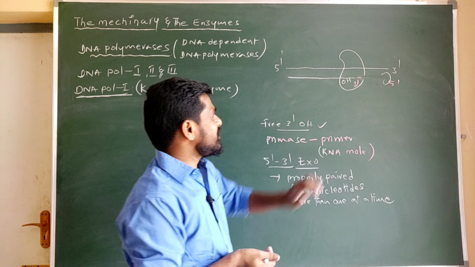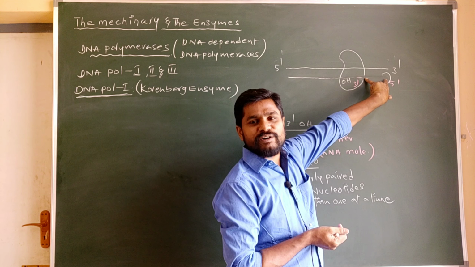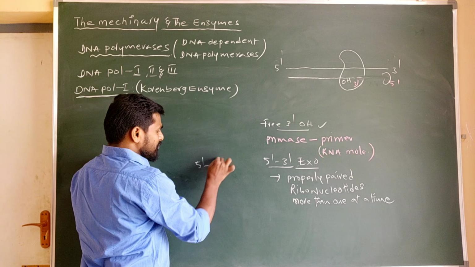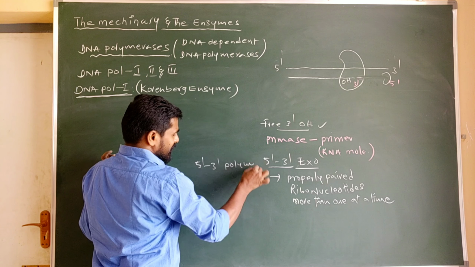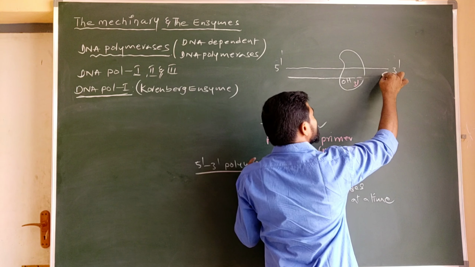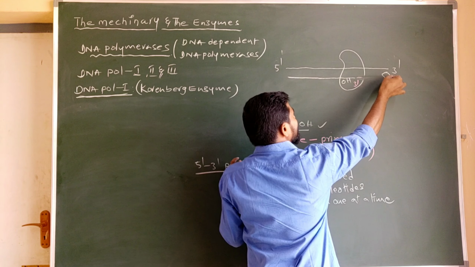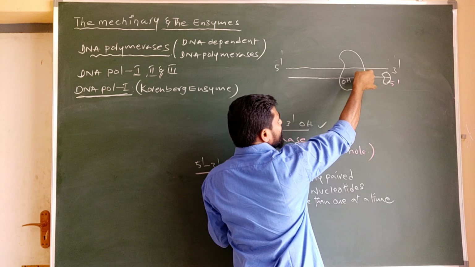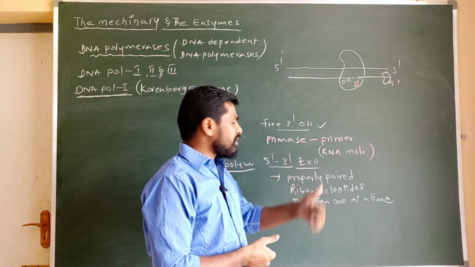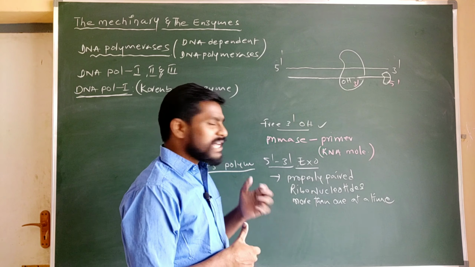DNA pol 3 cannot synthesize this short stretch of DNA segment in the place of the removed primer. But here the 5' to 3' polymerase activity of DNA pol 1 comes into action. By its 5' to 3' polymerase activity, it synthesizes a short segment of DNA in the place of the primer removed by the 5' to 3' exonuclease activity. So what is happening here?